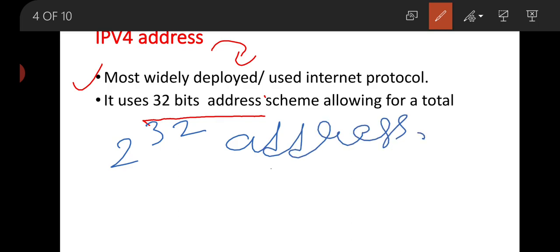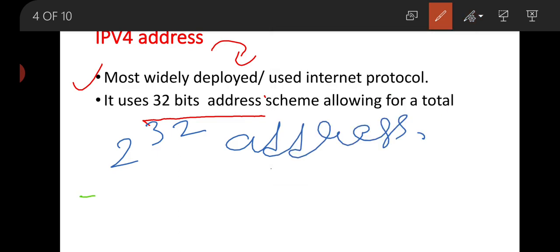That means by using IPv4 you can generate 2 to the power 32 addresses, which is approximately 4 billion addresses.